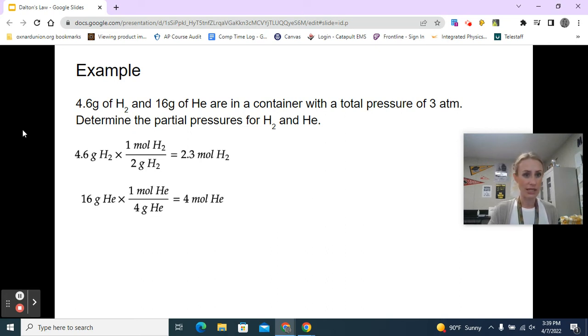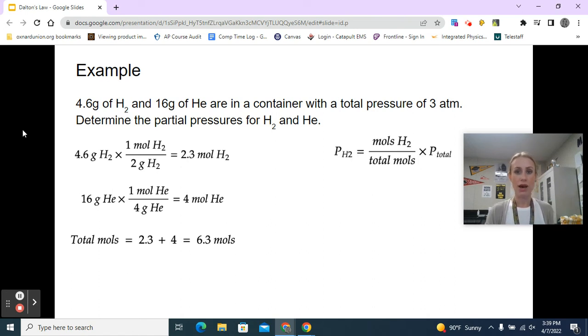Doing the same thing for helium, I have 16 grams of helium, and converting that to moles, there is 4 grams in 1 mole of helium. And so 16 grams divided by 4 is equal to 4 moles of helium. So my total moles here is going to be that 2.3 moles of hydrogen plus 4 moles of helium, which is 6.3 moles total.